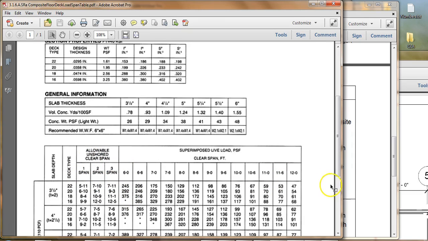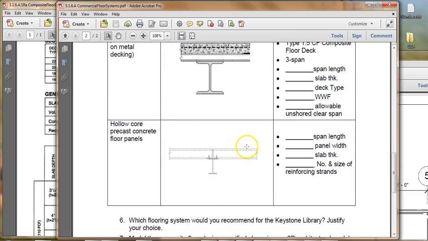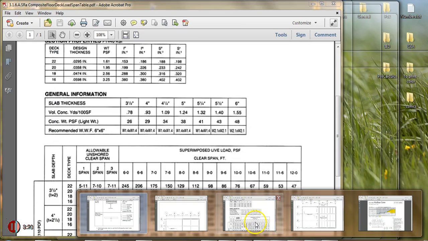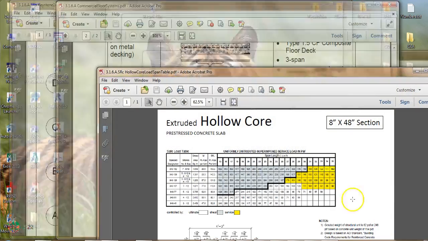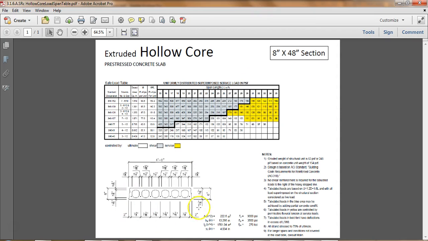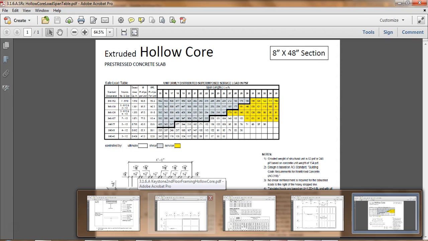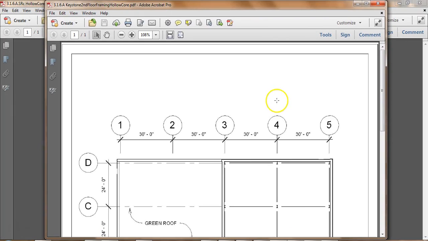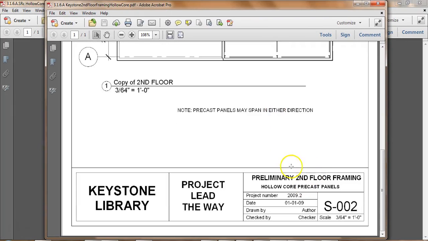The other one we're going to do is the hollow core, and that's the other pages you have. That's this one, hollow core, that we're going to use. And we see a little diagram here that goes with it. And we're also going to use this one here. And I know this is the hollow core because if I scroll down, I can see hollow core precast panels.